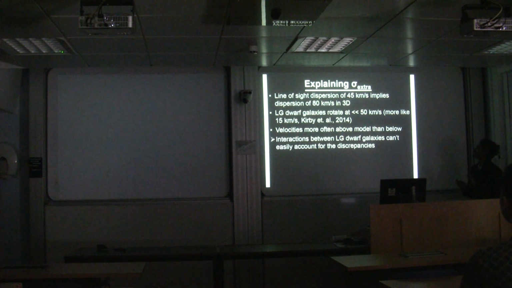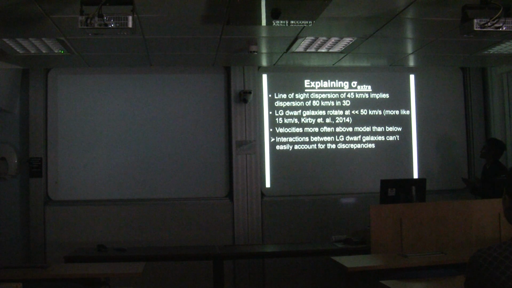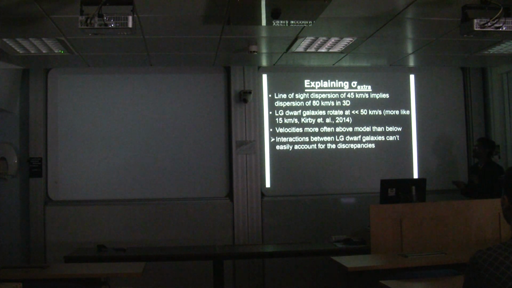First of all, what might be a reasonable value for this extra dispersion? If you see a value of 45 kilometers per second, in 3D this basically corresponds to 1.7 times as much. This is about 18. That's quite high because Local Group dwarfs are rotating at about 15 kilometers a second.